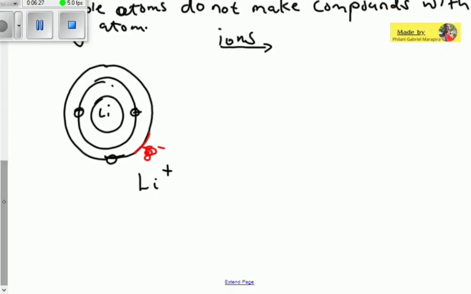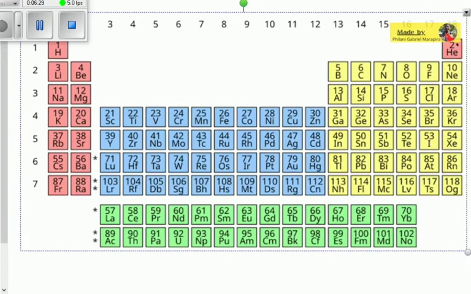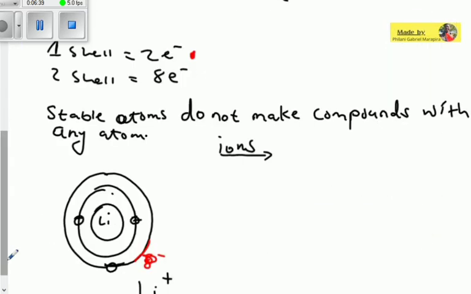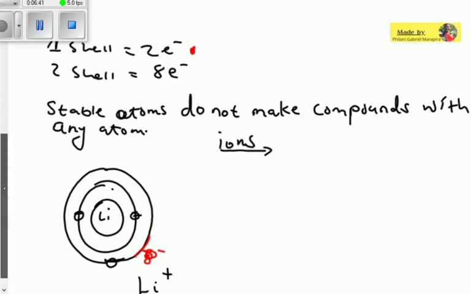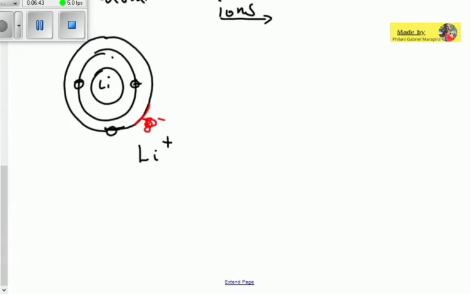Okay, let's go to the periodic table and take oxygen as an example. Here is oxygen. If we are going to draw its atomic structure, or its atomic diagram, oxygen has to have something like this.